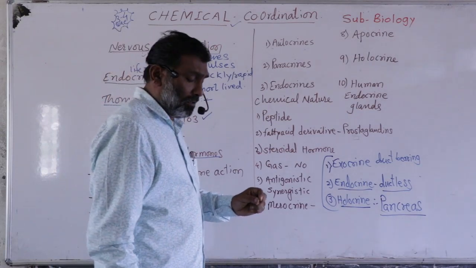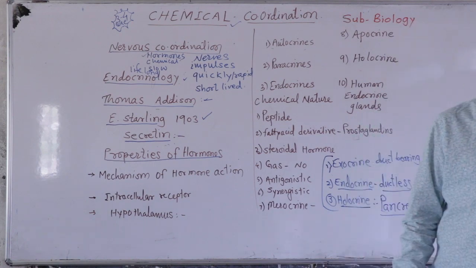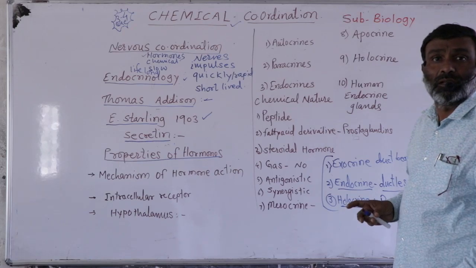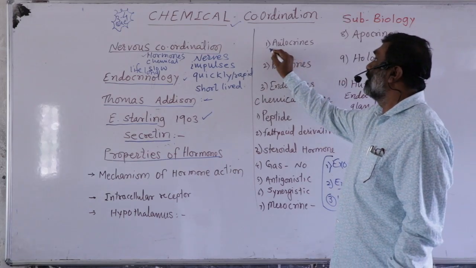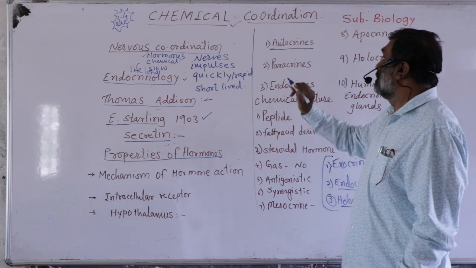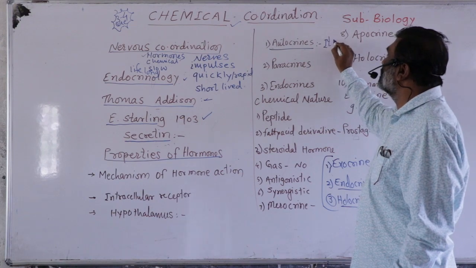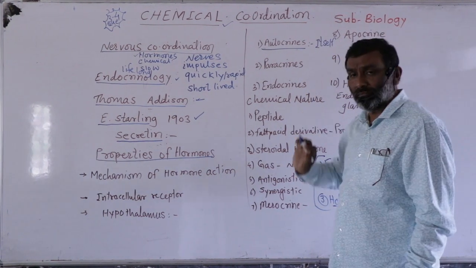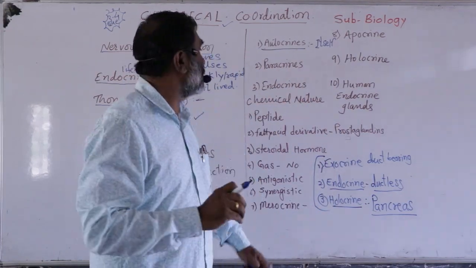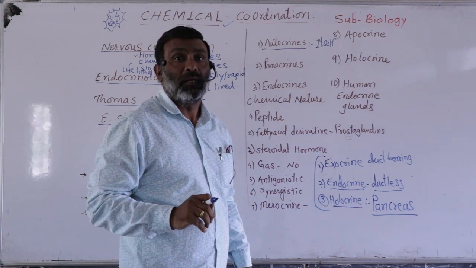But there is also a classification of glands or hormones on the basis of their stimulation. Hormones whose secretion stimulates the same cell itself are called autocrines.